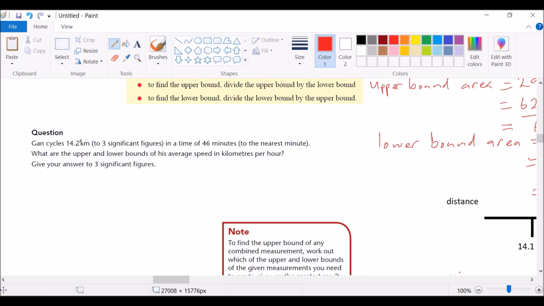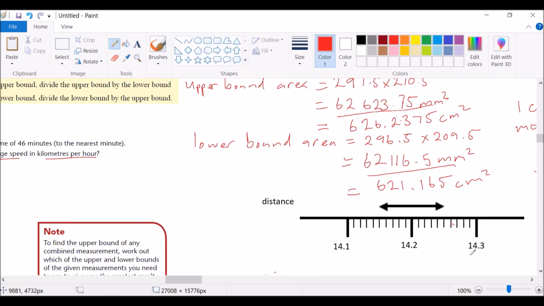GAN cycles 14.2 kilometers to 3 significant figures in a time of 46 minutes to the nearest minute. What are the upper and lower bounds of his average speed in kilometers per hour? Give your answer to 3 significant figures. Now we have 14.2 kilometers. For distance, the next is 14.3 to 3 significant figures.